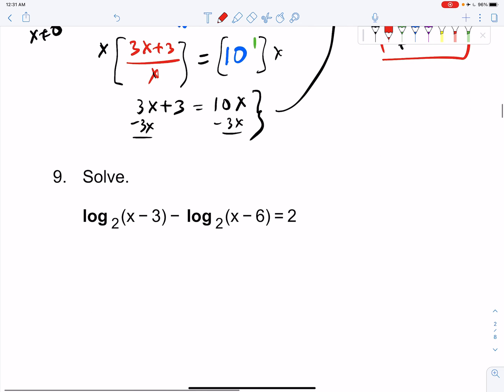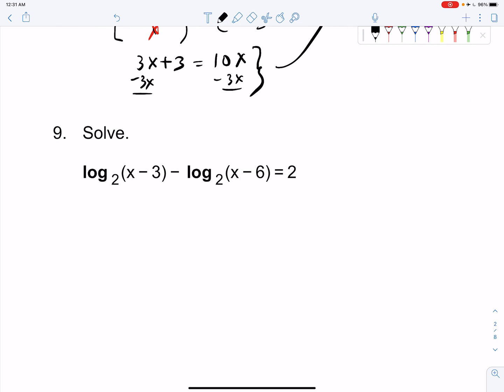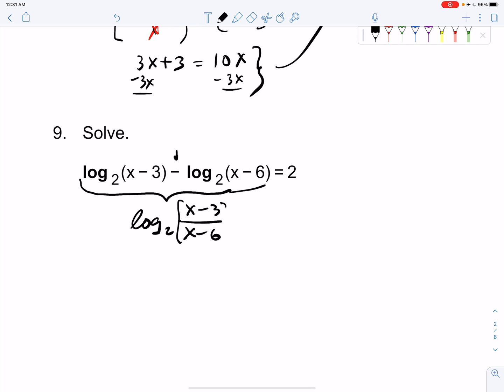Okay, moving on to number 9. Number 9, we also have a subtraction symbol. So these two logs can be written as a single log, as log base 2 of x minus 3 over x minus 6. And all of this equals 2.